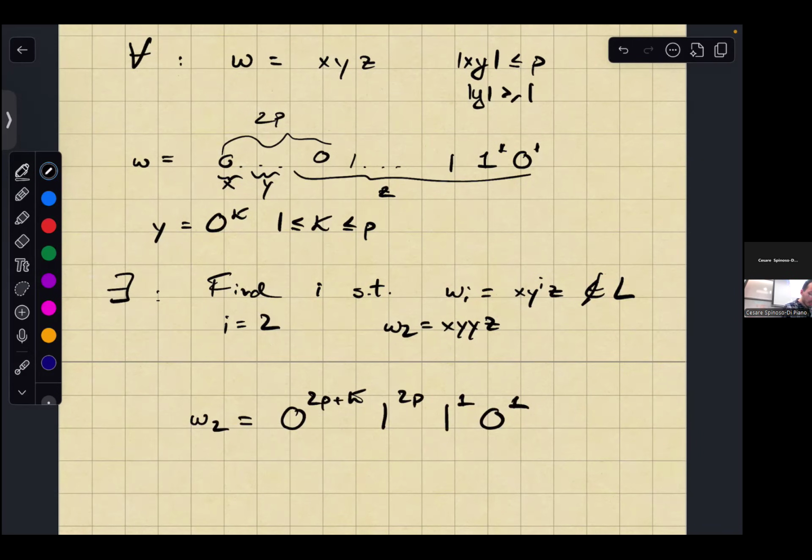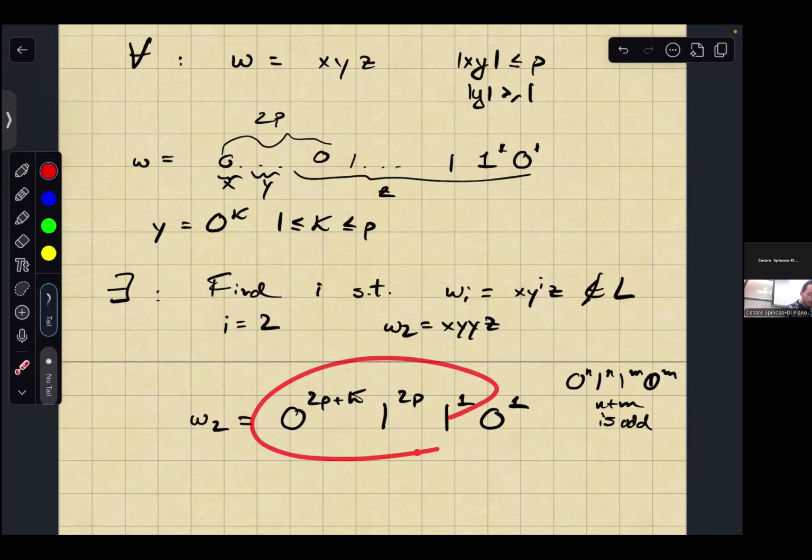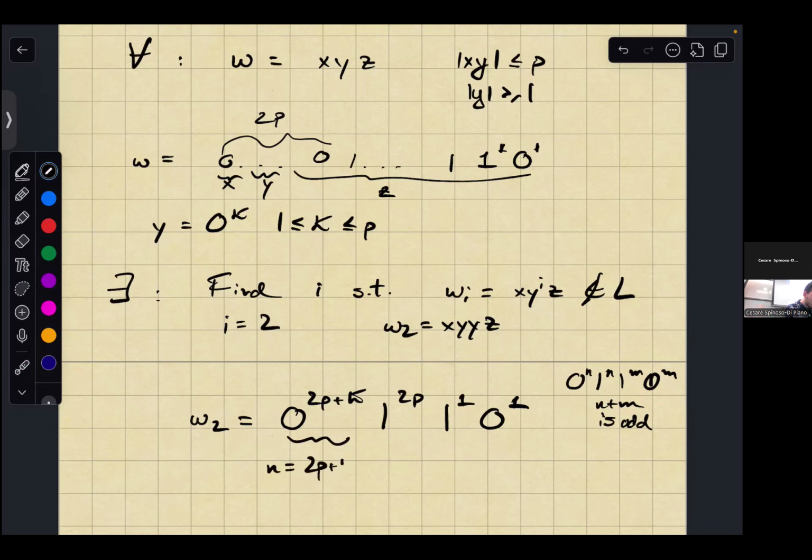And remember, the string, for it to be in the language, has to be something like 0^n 1^n 1^m 0^m, where n plus m is odd. But then I don't have this. Because if I analyze this string using the n and m here, then this tells me that n is 2p plus k, and this tells me that m is 1.